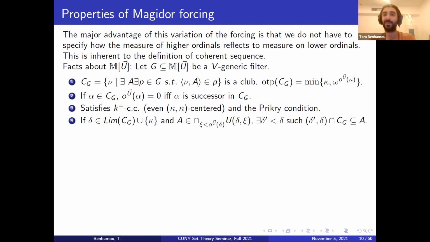If delta is any limit point of CG, and A is any set which is measure 1 with respect to all the measures provided on delta in this coherent sequence U, then the generic club CG up to delta must eventually enter this measure 1 set A. So if you have a set A of measure 1 with respect to all the measures of a limit point delta of CG, then CG up to delta must enter this measure 1 set from a certain point.